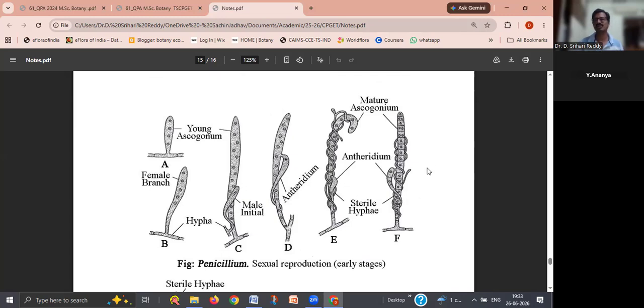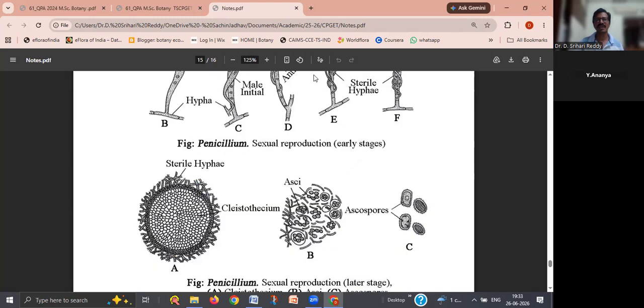Several asci are produced. All these ascus filaments and normal hyphae form a closed structure surrounded by sterile hyphae, and inside we find several asci with the ascospores.